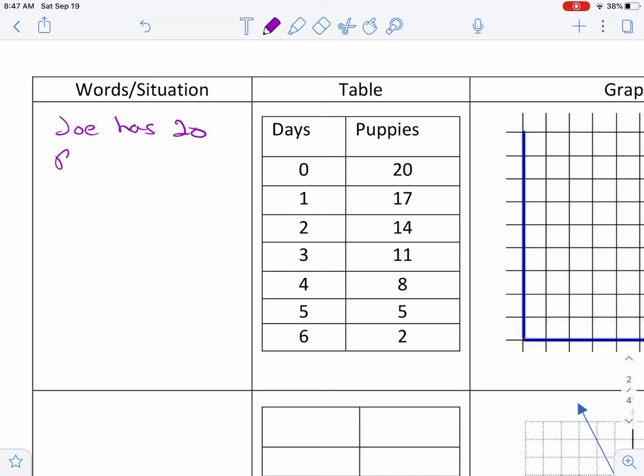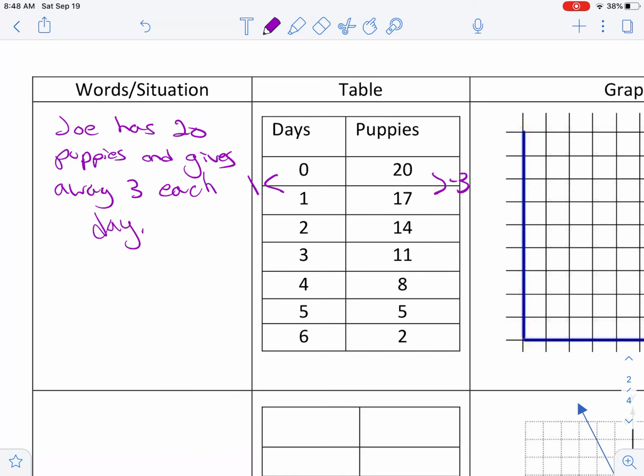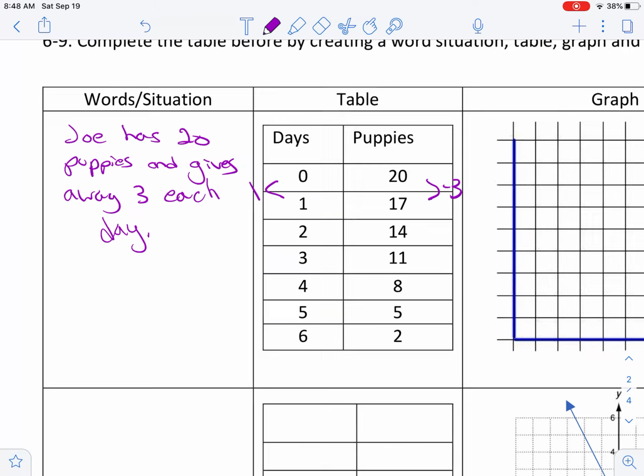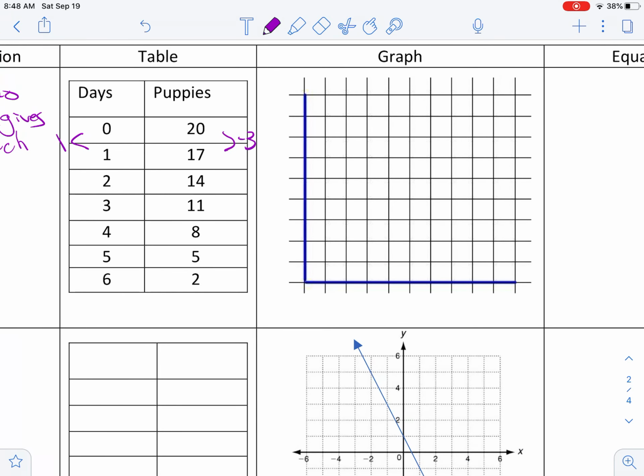So Joe has 20 puppies and gives away, how many is he giving away? It looks like he's giving away 3 each day. So there's a situation I made up that matches what I see.